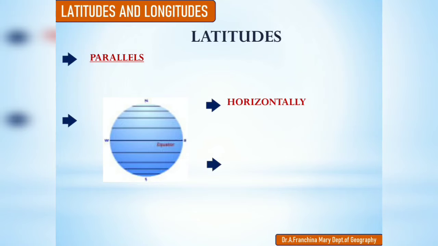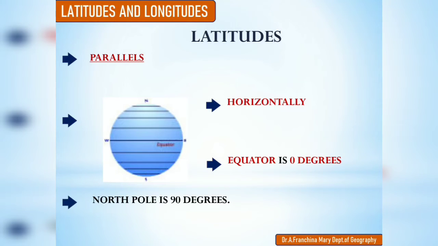The equator is 0 degree. The North Pole is 90 degree N latitude and the South Pole is 90 degree S latitude.